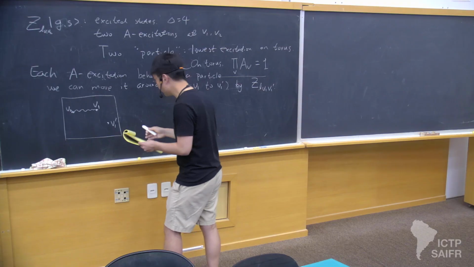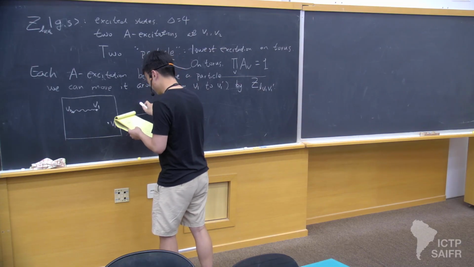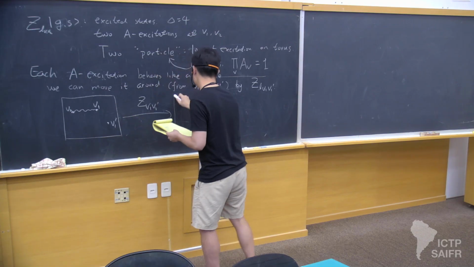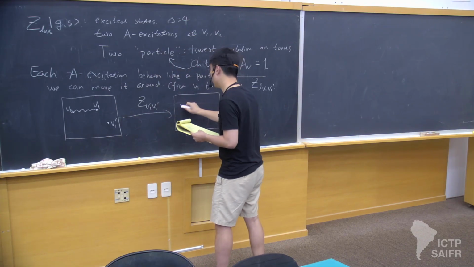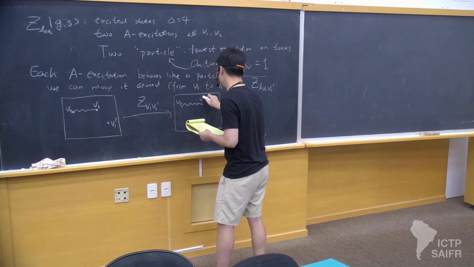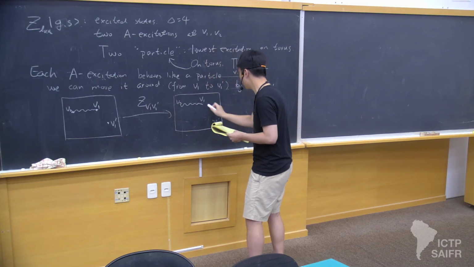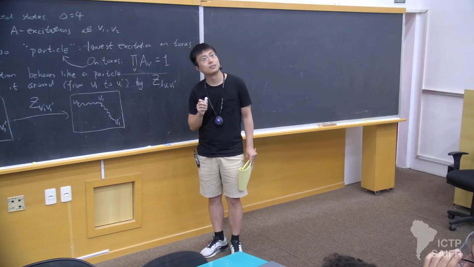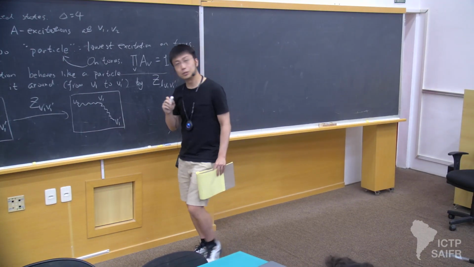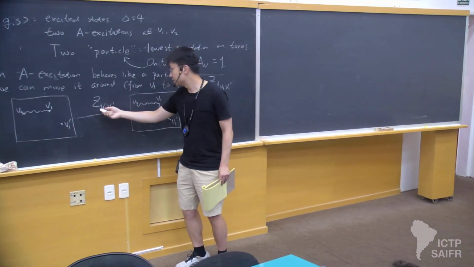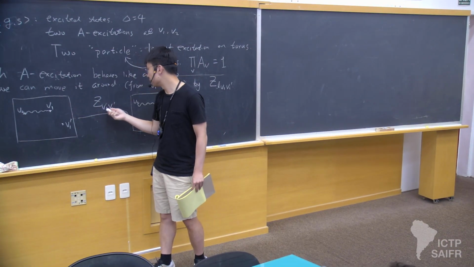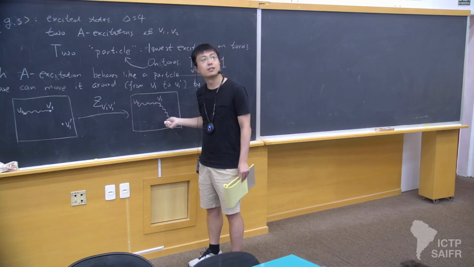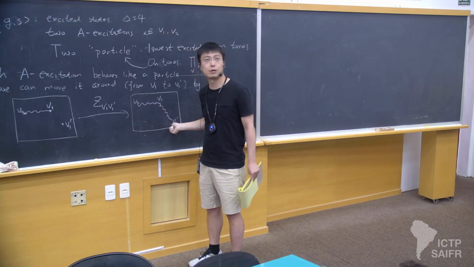Well, I do that by applying this Z V1 V1 prime. What do I get? Well, I get something like this. Do you see what I'm doing? Once I act on this state further with this Z V1 V1 prime, the whole thing becomes just a longer string operator, starting from V2 and ending at V1 prime.